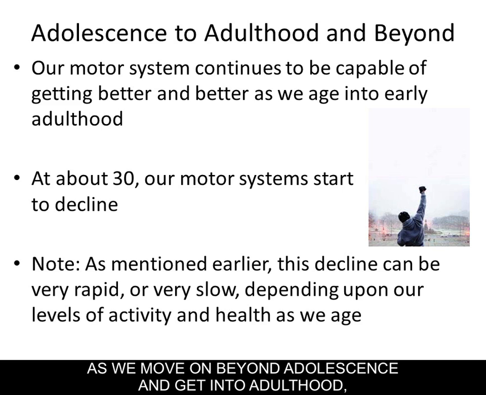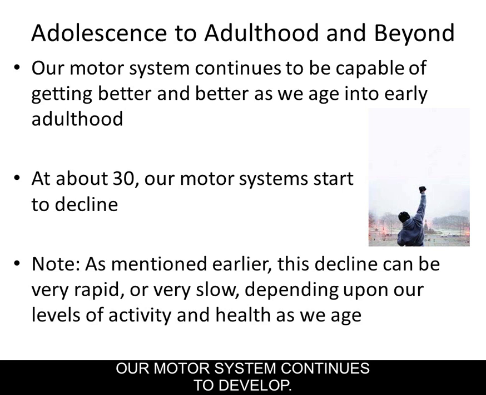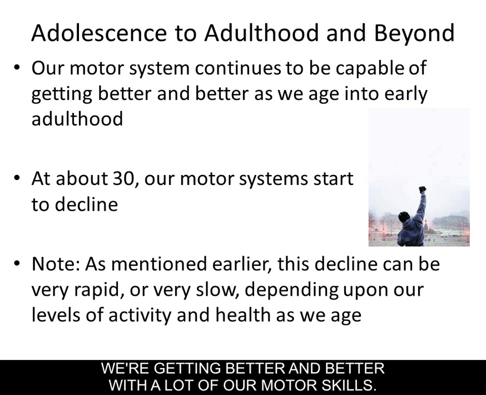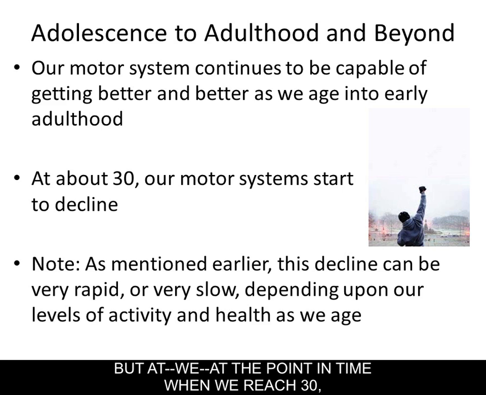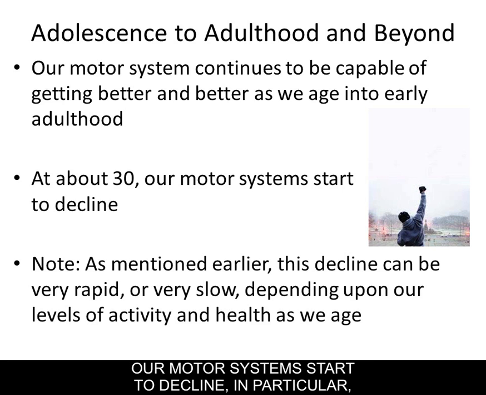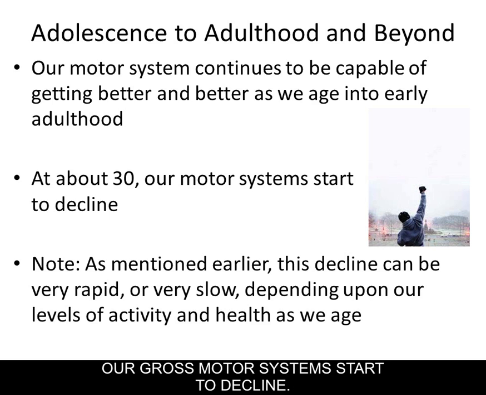As we move on beyond adolescence and get into adulthood, our motor system continues to develop. In fact, up to about the age of 30, we're getting better and better with a lot of our motor skills. But at the point in time when we reach 30, our motor systems start to decline. In particular, our gross motor systems start to decline.